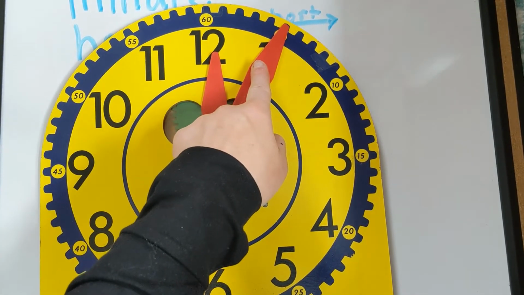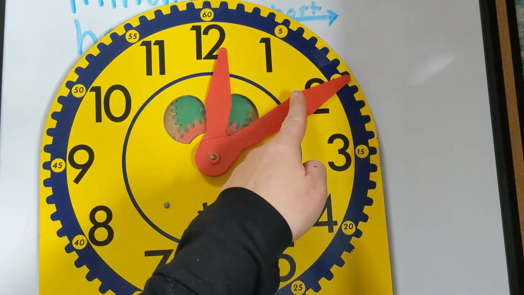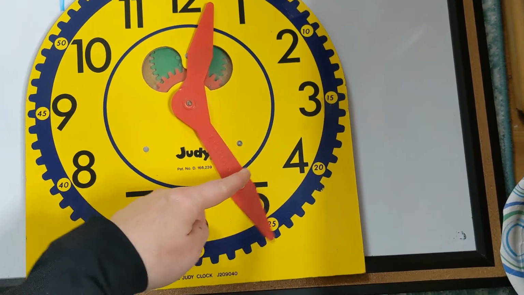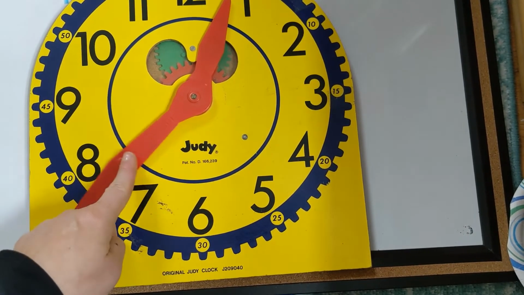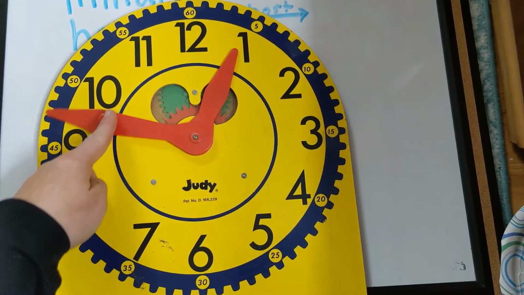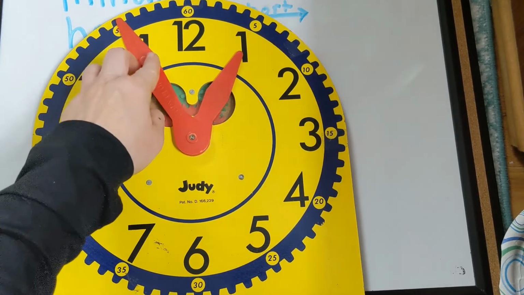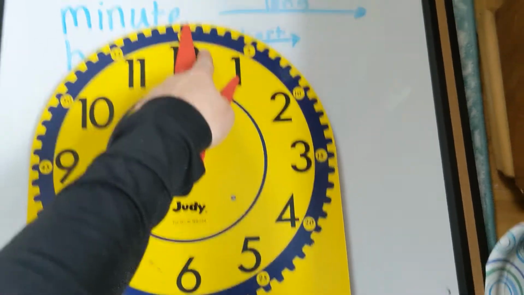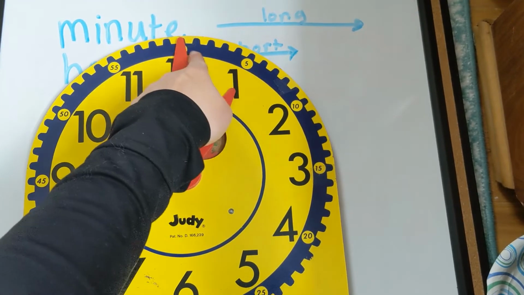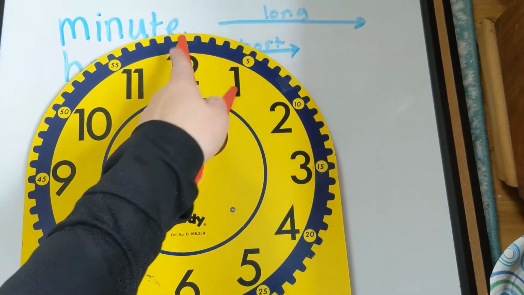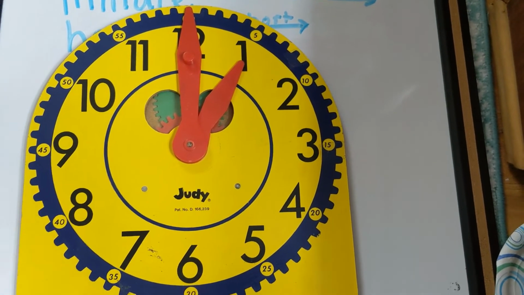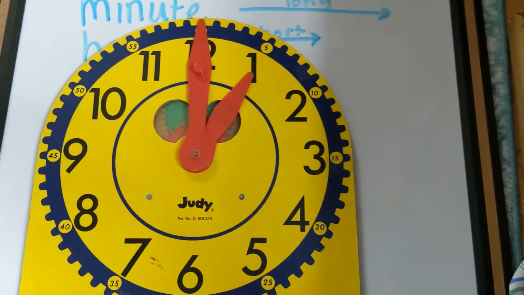So now it's 5 minutes, 10 minutes, 15, 20, 25, 30, 35, 40, 45, 50, 55, up to the next hour. And now my hour hand has traveled really slowly just from the 12 to the 1, but my minute hand went all the way around.